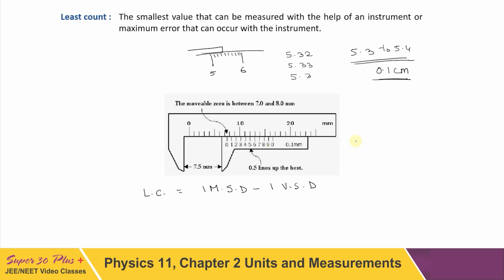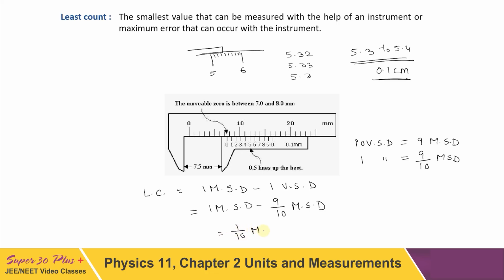Therefore, 1 vernier scale division would be 9 upon 10 MSD. If you substitute this value here, we would get 1 MSD minus 9 upon 10 MSD, that is equal to 1 by 10 MSD.